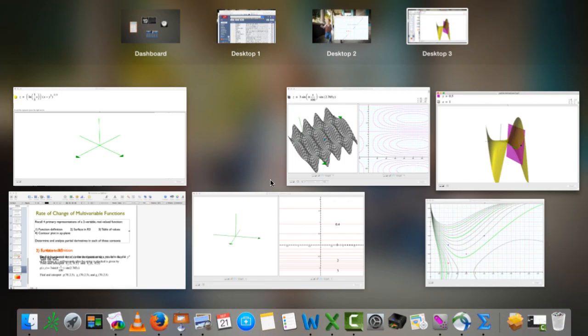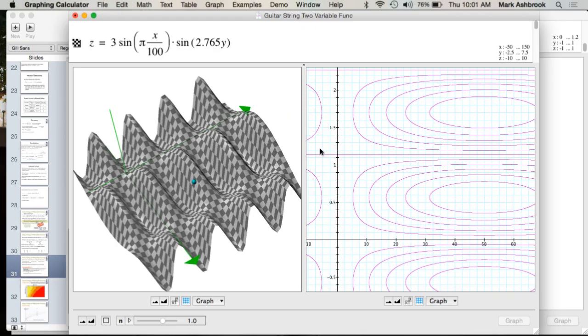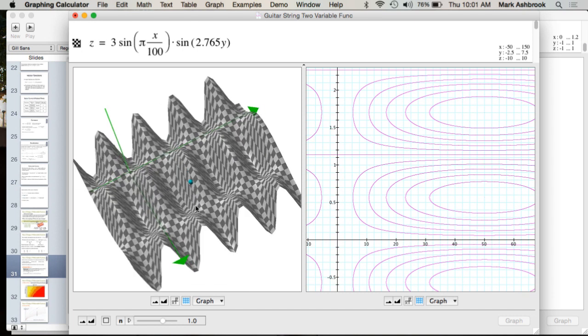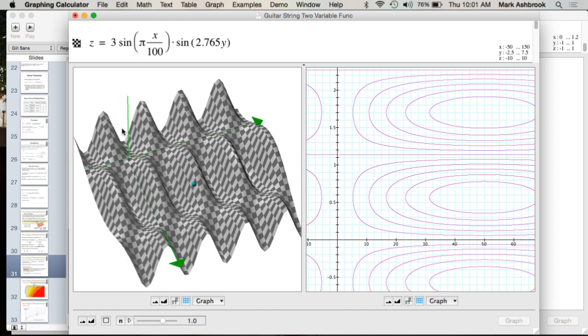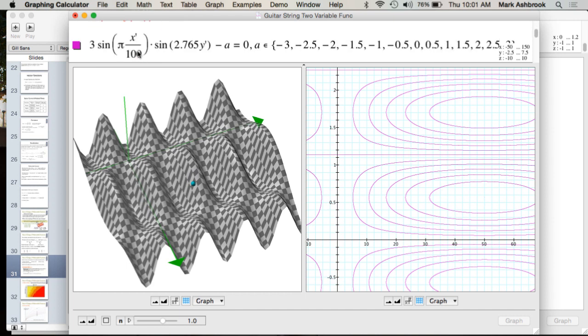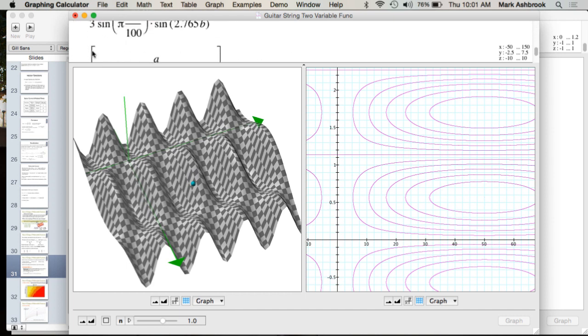Okay, let's look at, here's the guitar string. This is the guitar string function. I've got the surface and the contour plot for it, okay? Here's the point that we were looking at, what, 72.5, is that right? Does that point show up? Let's try a different color. What's going to show up the best here?